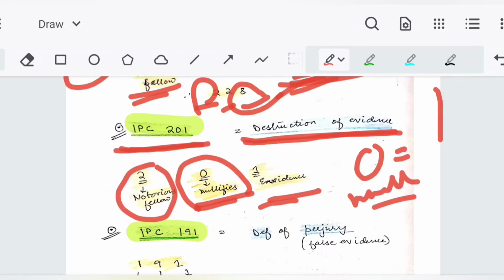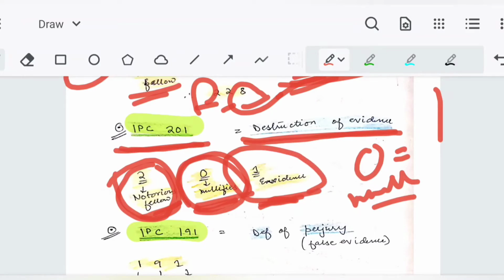So 2 is that notorious fellow, he nullifies the evidence. There was one evidence and he nullifies that also. So 201 is for destruction of evidence.